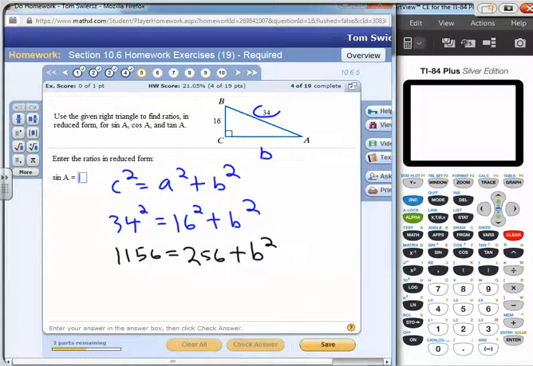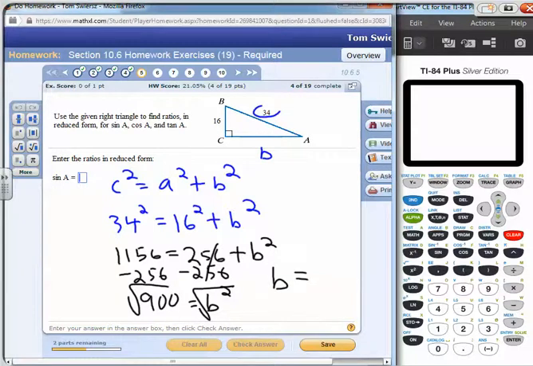So we're going to subtract 256 from both sides. So we get B squared is equal to exactly 900. Take the square root of both sides, right? So we get B, and the square root of 900 is 30, because 30 squared is 900, 30 times 30.